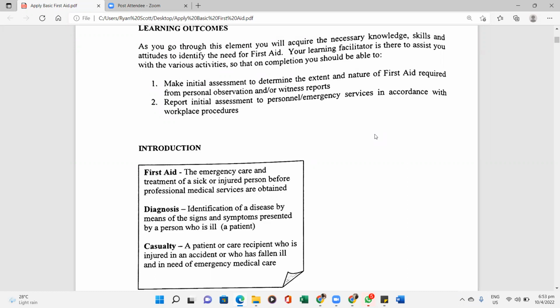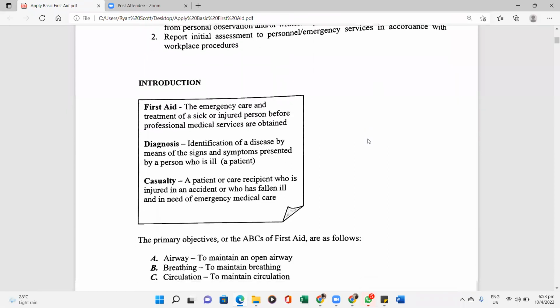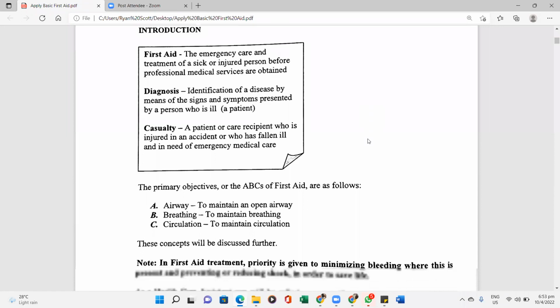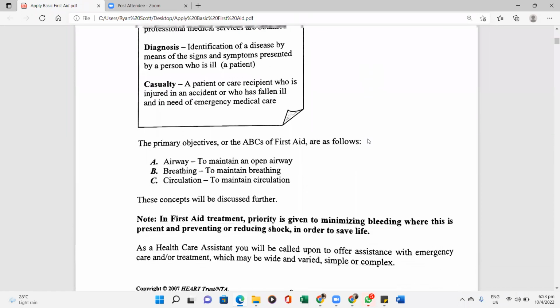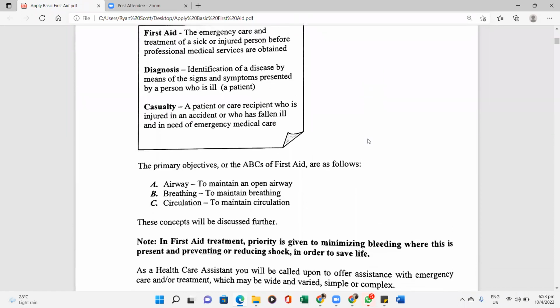Casualty: a person or care recipient who is injured in an accident or who has fallen ill and is in need of emergency medical care. So just ensure that you know those definitions, or you can recognize those definitions, right?